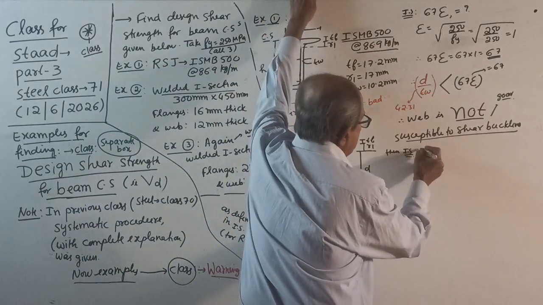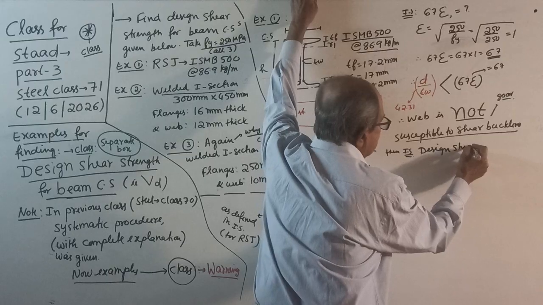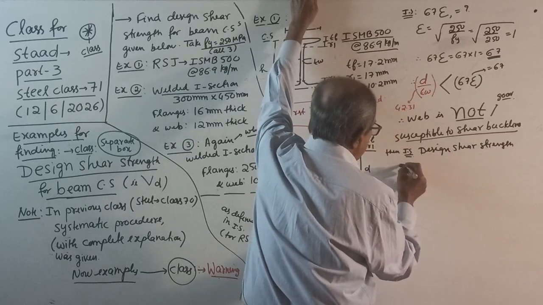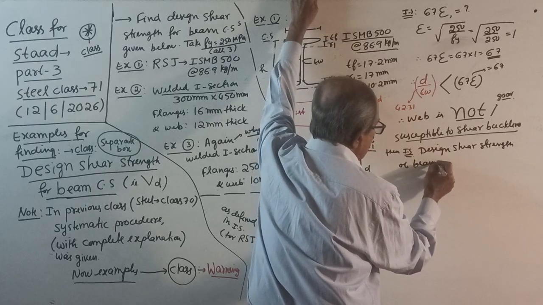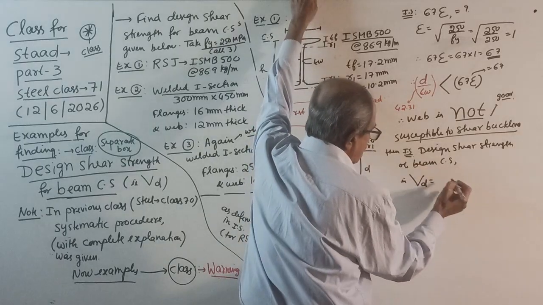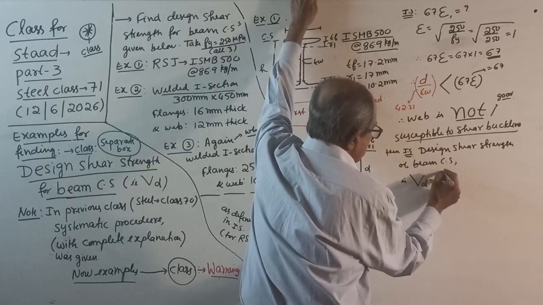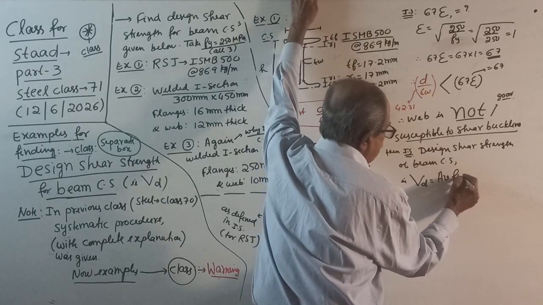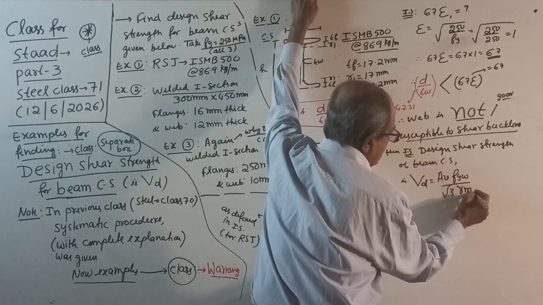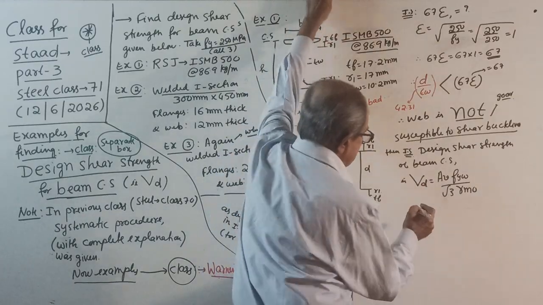IS code, design shear strength of beam cross section, that is called VD equal to AV into FYW divided by root 3 divided by gamma MO. Gamma MO you know.